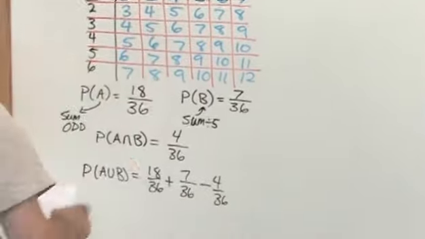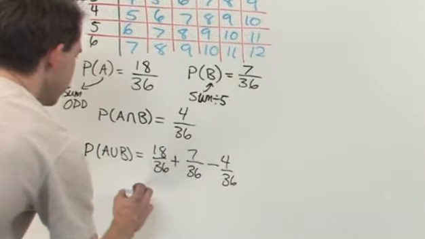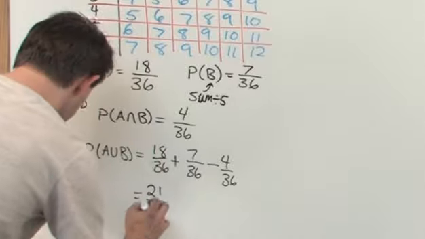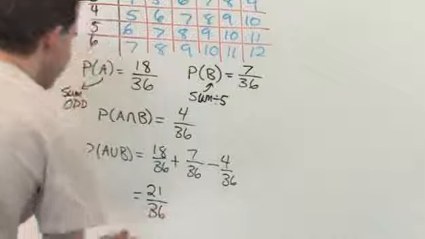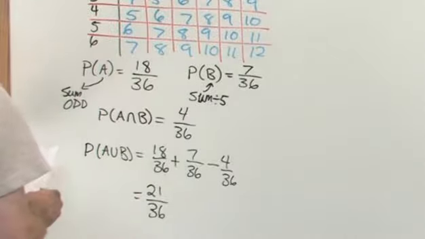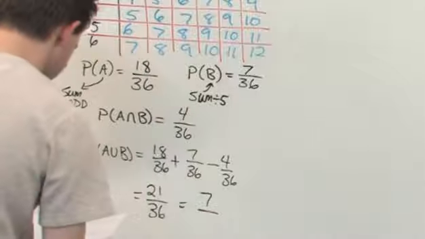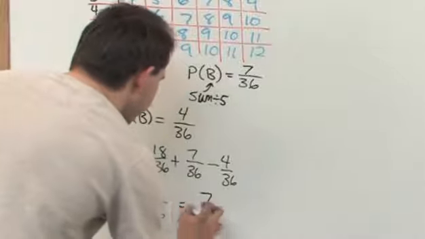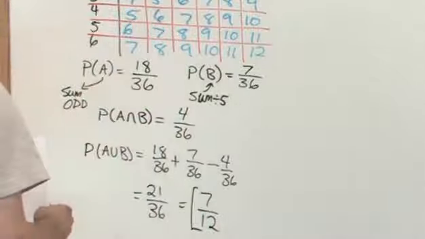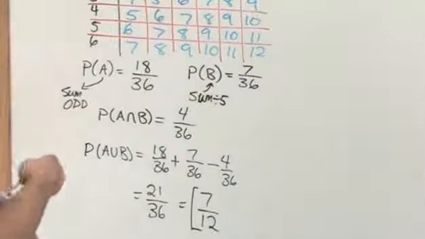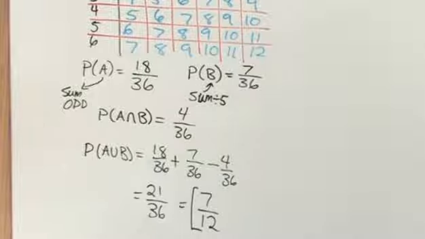Okay? 18 plus 7 minus 4 is going to give you 21 over 36. You divide the top and the bottom both by 3. 7 times 3 is 21, and 12 times 3 is 36. So the answer is 7/12. And that is the probability of A or B happening. The probability that the sum of those two dice is odd, or the sum is divisible by 5.